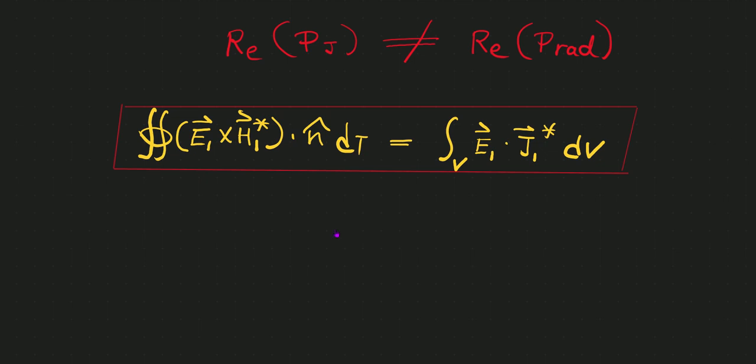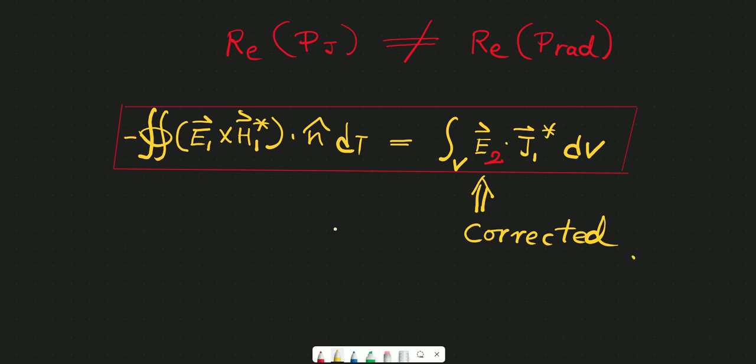How can we correct that? This is the corrected theory. Here has a minus sign, forget that. We need to make a correction here. Let me show this is correct.